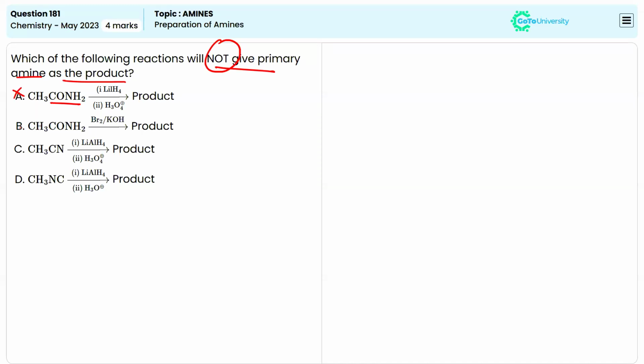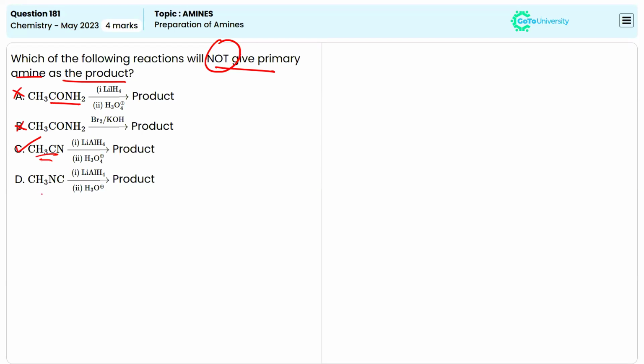Now CONH2, this is again an amide. They can also produce a primary amine. It's also not the correct answer. And coming to the next one, CH3CN. This is a nitrile compound, so it will produce the amine with one carbon greater than that of this reactant, right? This we discussed before. Now coming to the last one, this is an isocyanide.